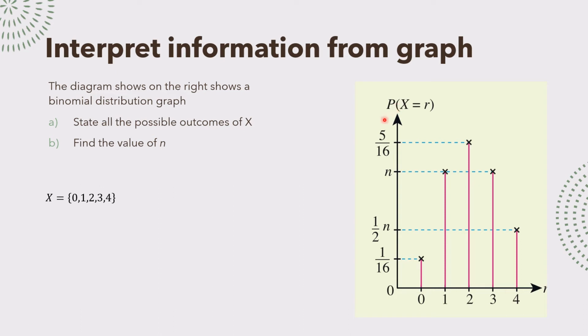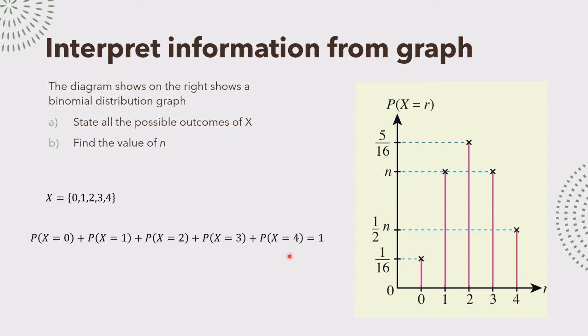Like I said just now, the total probability is equal to 1, which means if you add the probability for all numbers of success, you will get 1. So P(X=0) plus P(X=1) plus P(X=2) plus P(X=3) plus P(X=4) equals 1.